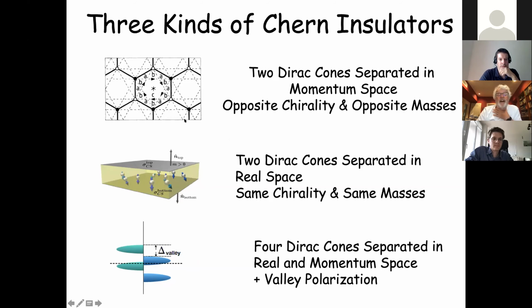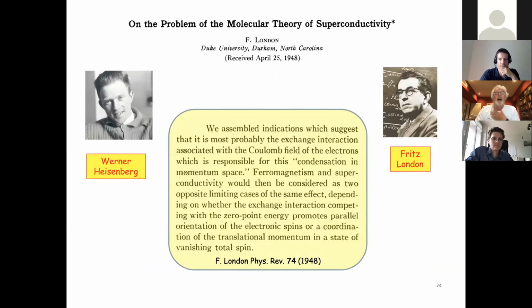Whereas in twisted bilayer graphene, there is a remnant of the Dirac cones in each of the 2 layers in each valley. And the physical mechanism responsible for the formation of the quantum anomalous Hall state in twisted graphene bilayers is actually spontaneous valley polarization, an energetic preference for putting more electrons in one region of momentum space than another.